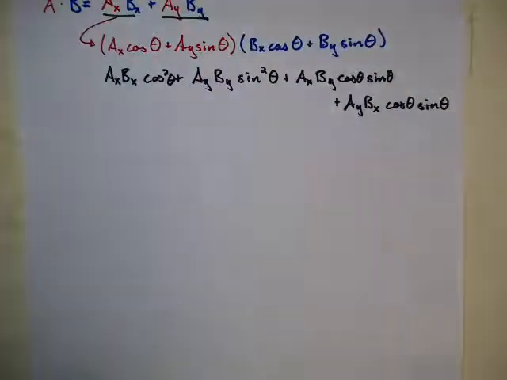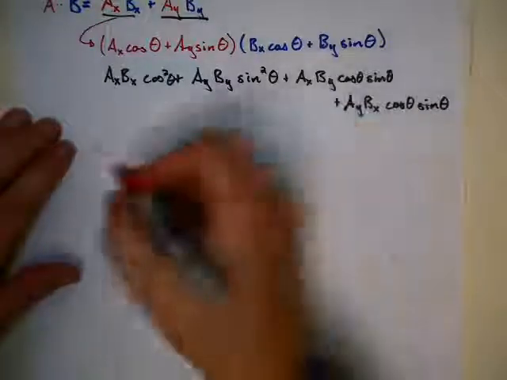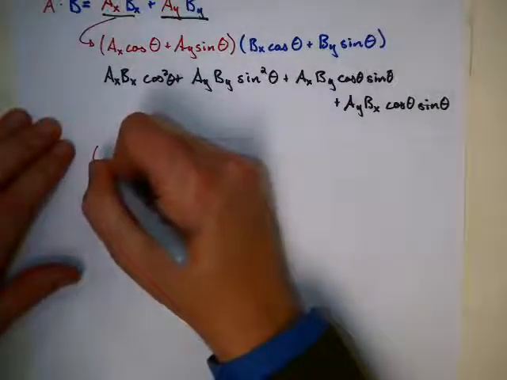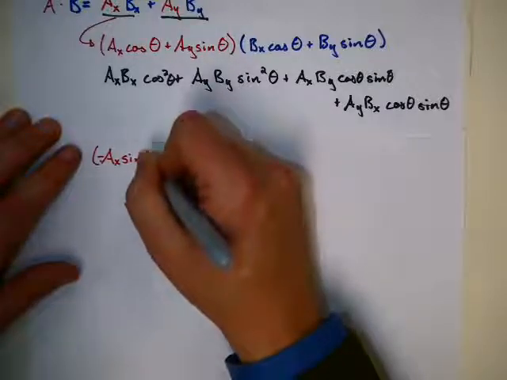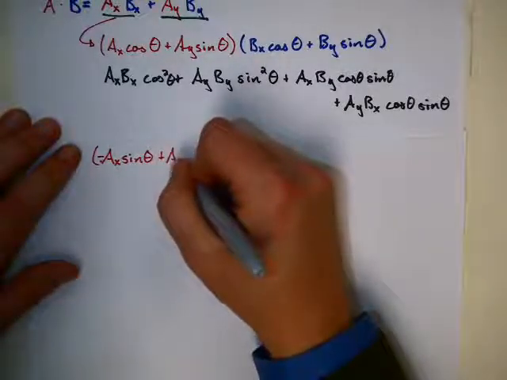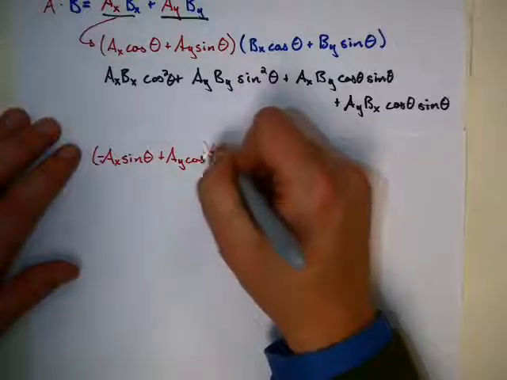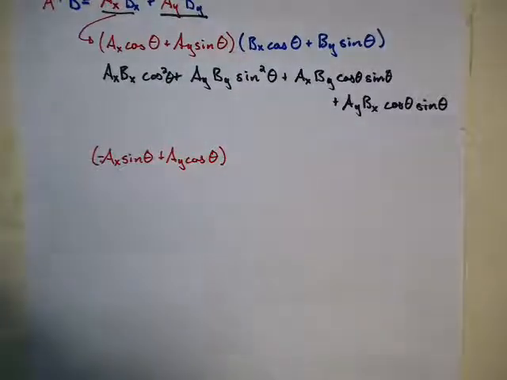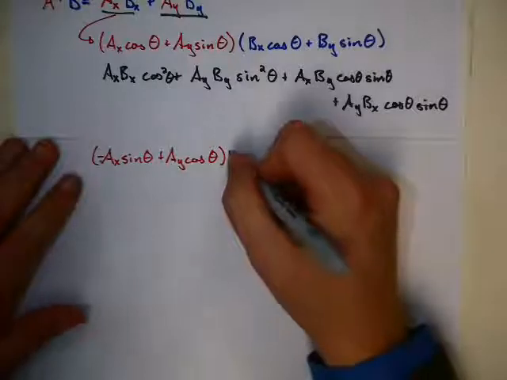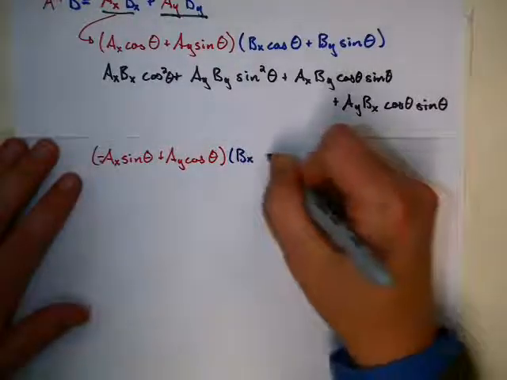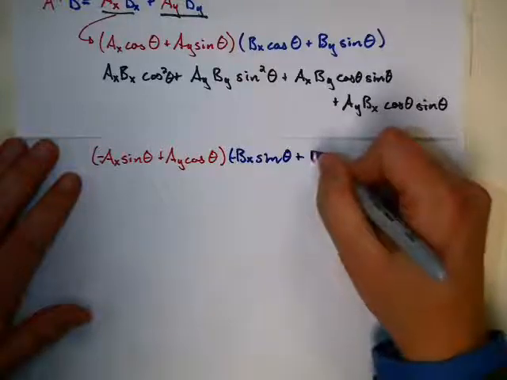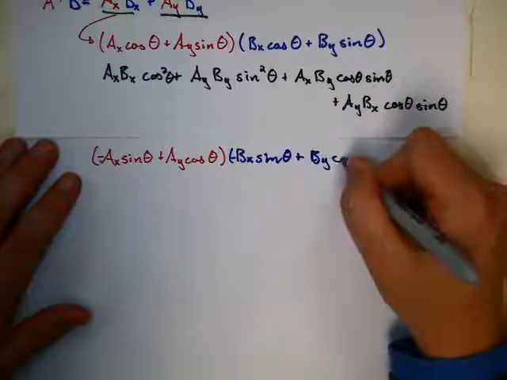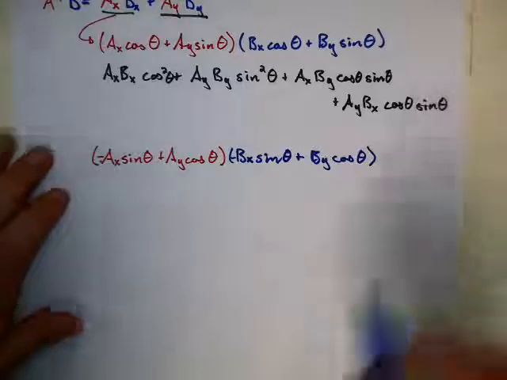Continuing with the next term, I'm going to get this minus AX sine theta plus AY cosine theta, BX, minus BX sine theta plus BY cosine theta.